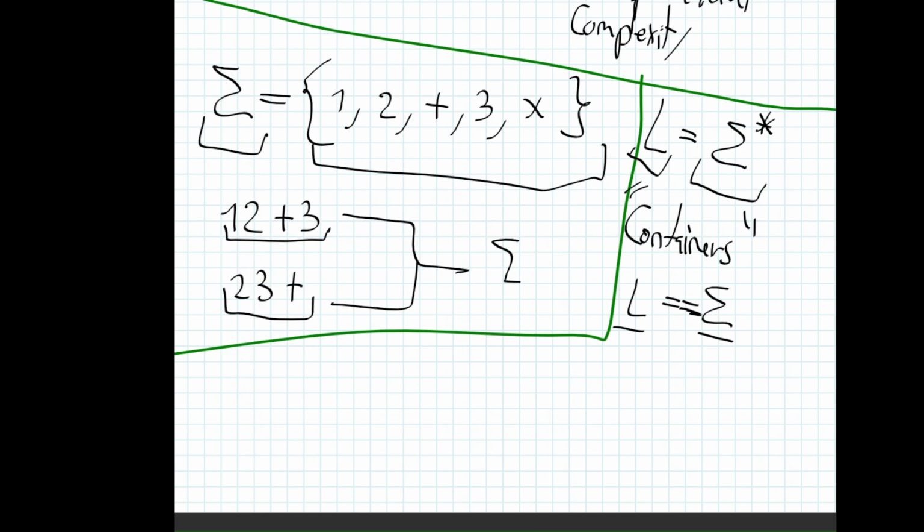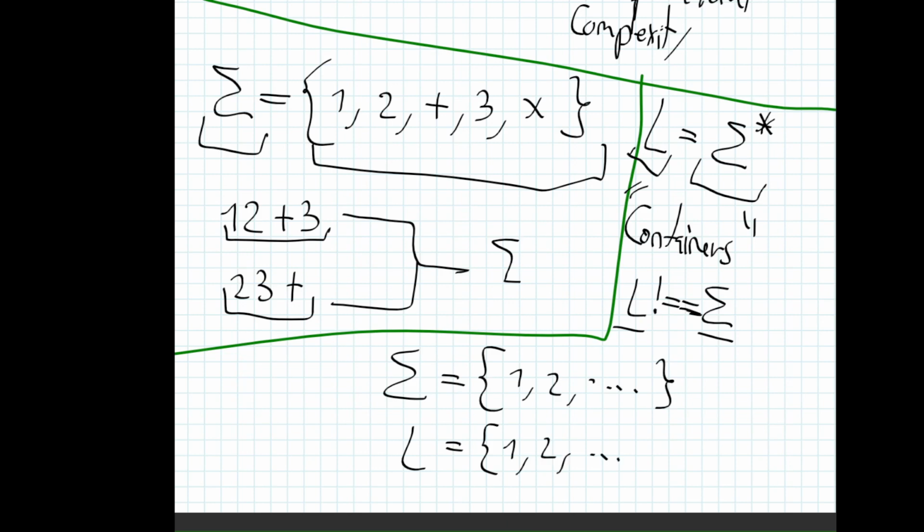So while it may have the same elements as sigma, it is not the same as sigma. It's like saying we had sigma with all its terms, 1, 2, etc., and then we have L that contains all of those. But they're copies, not the original, so they have the same designations, 1, 2, etc.